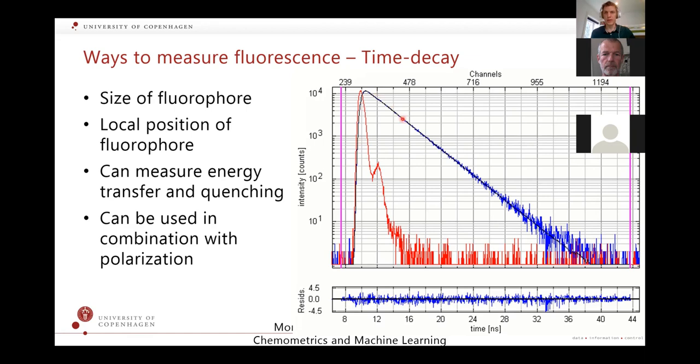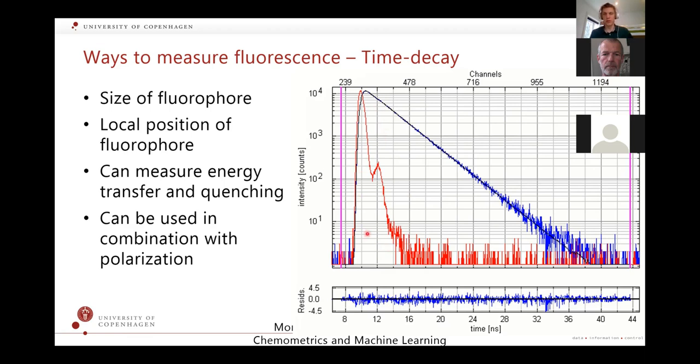Now, the big challenge with regards to these time decay curves is that what you're really interested in is the slope of this black line here. And that's the time decay. If you notice, it's a logarithmic scale on the y-axis here. However, this time decay is influenced by this red fellow here.